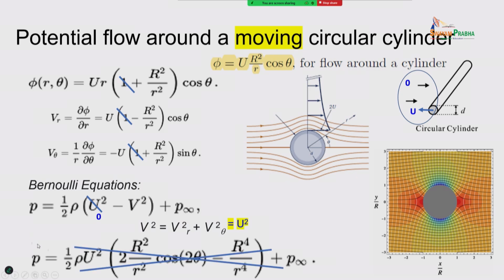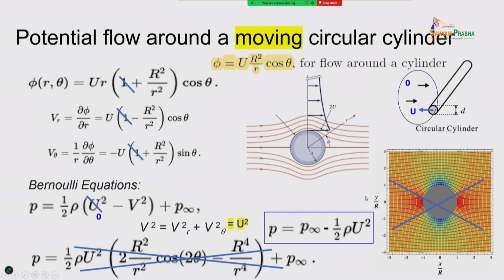After that, this expression will be different, and you get the pressure at infinity, P infinity minus 1/2 rho U squared. Okay, that is the pressure, so it's not the same as before.